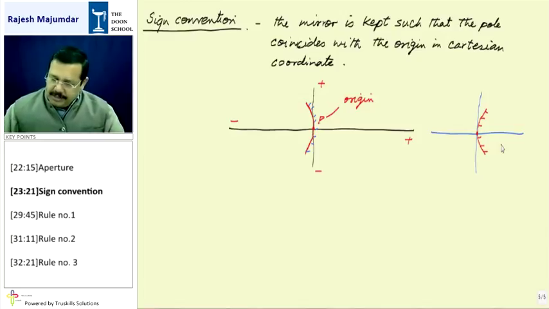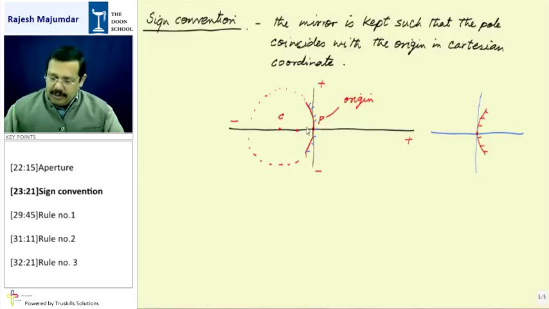After this is the pole. If I draw this entire sphere, then somewhere here will be the center of that sphere from where the mirror has been cut. So this is the center of curvature. Focus is exactly at the midpoint of C and P for spherical mirrors.